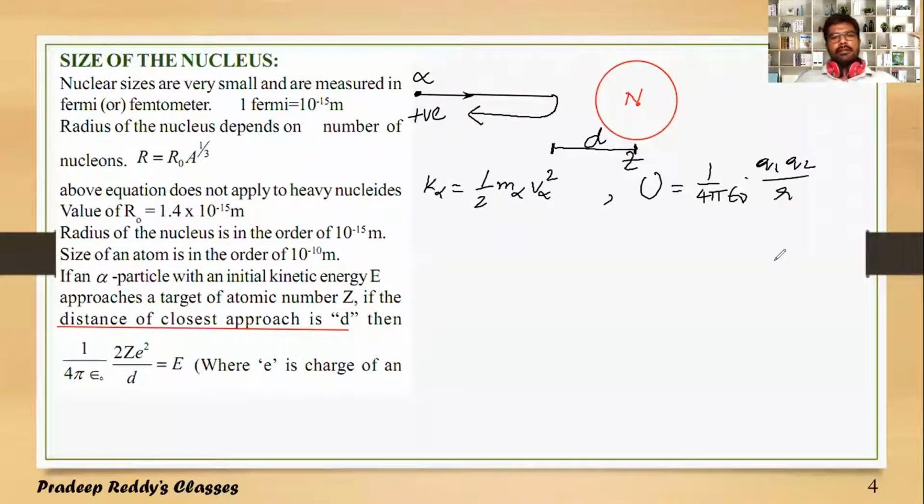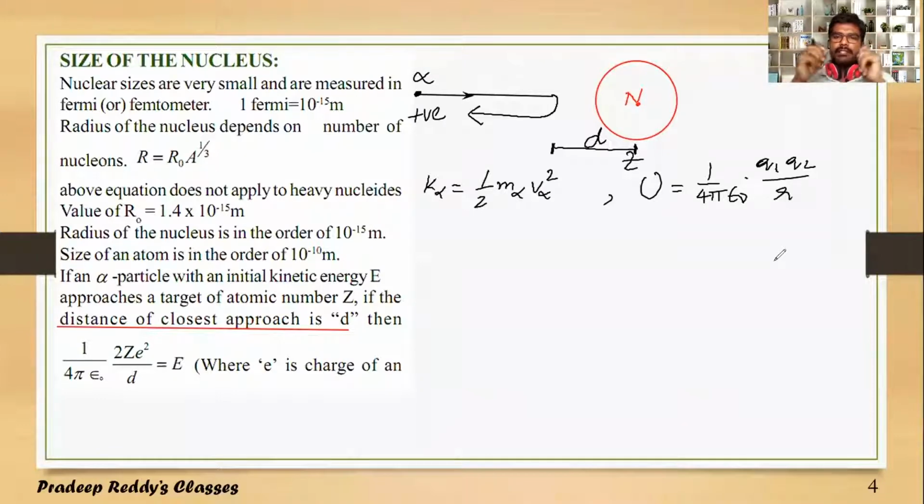So when the alpha particle comes closer, the repulsive force increases. As a result, the velocity of the alpha particle decreases. So when it approaches the nucleus, its kinetic energy decreases and its potential energy increases.